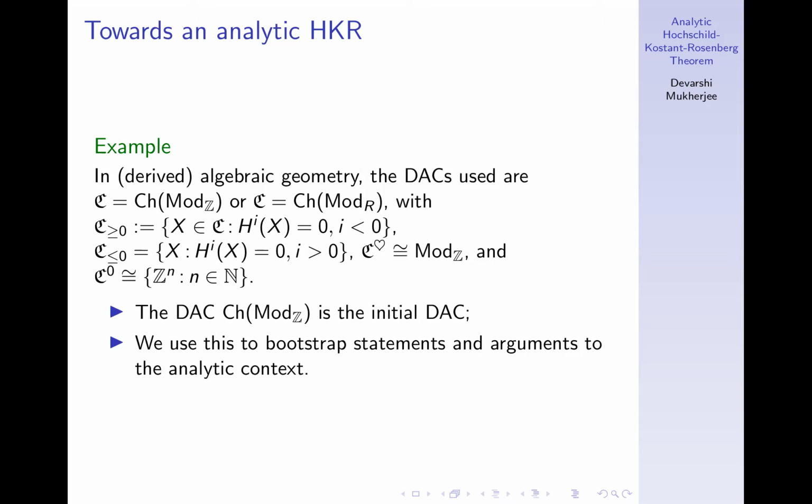The heart is given by just the category of abelian groups, and this C0 is just given by free objects in this category. Now, this is the initial derived algebraic context, in fact. Since it's initial, if you can find some other derived algebraic context, then we can use this to bootstrap arguments from this context to other derived algebraic contexts.